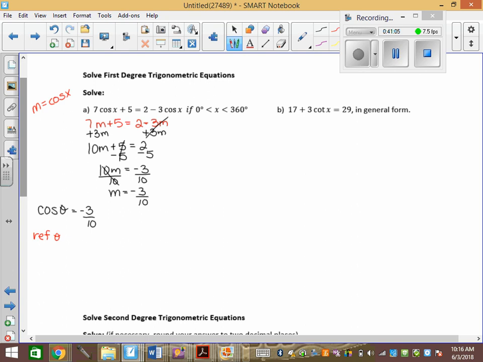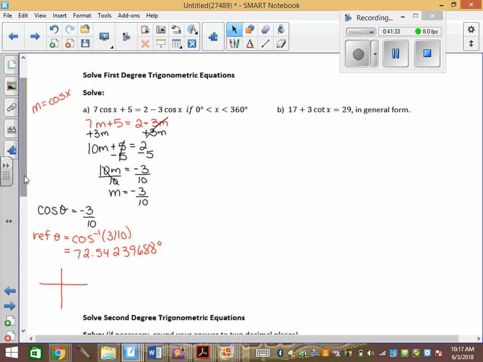So I'm going to get cos neg 1 of positive 3 over 10 in degree mode. I take the positive to get my reference angle. I'm going to get 72.54239688 degrees. And I use cast rule.